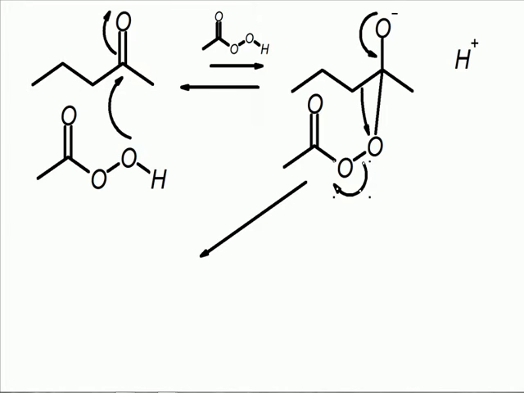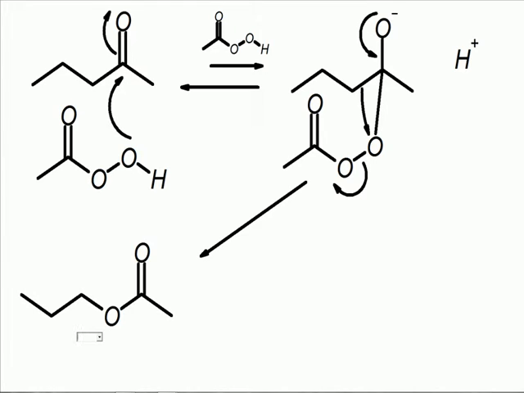So what you end up with then is what we've been talking about here as the product. Let's draw that there. There we are. Right, so that is the product.